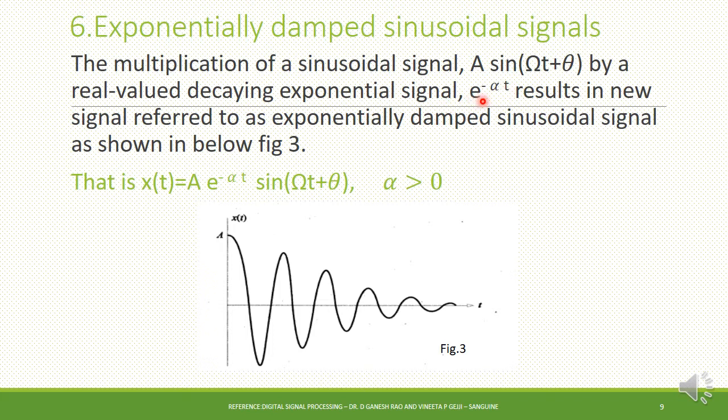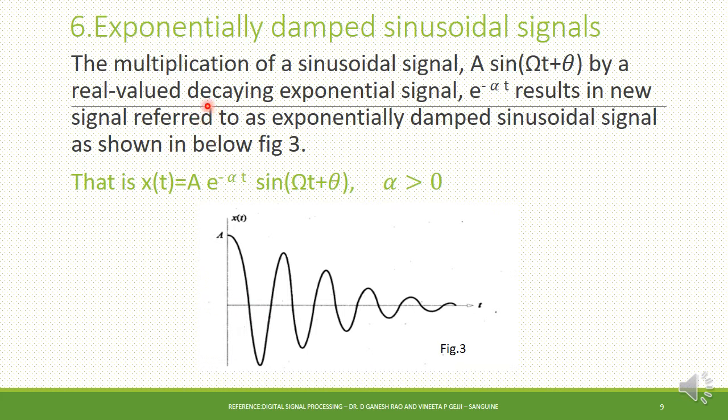If you multiply the decaying exponential signal with the sinusoidal signal, you get the exponentially damped sinusoidal signal, as shown in the figure below. Very simple definition.